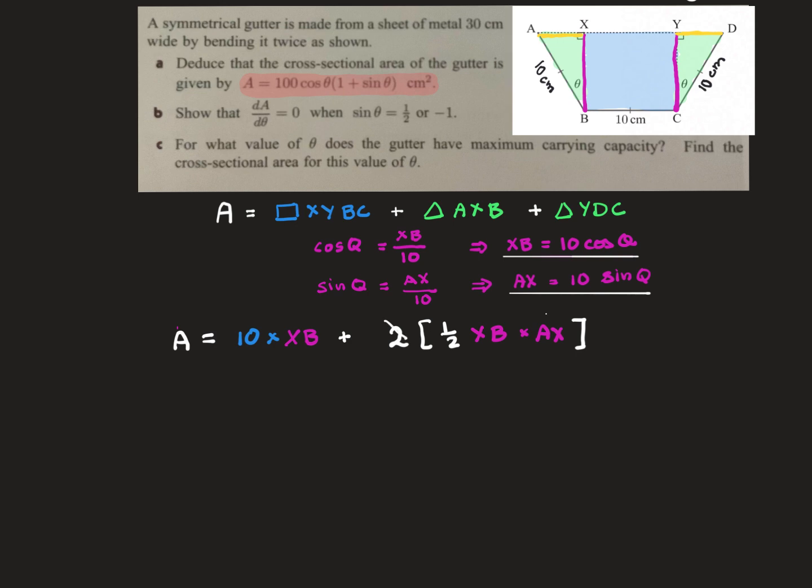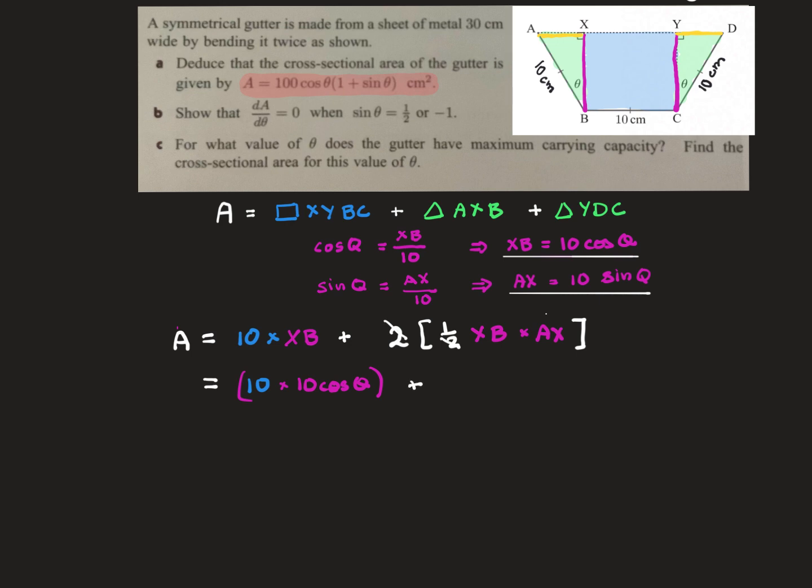Okay, we can cross out the 2 and the 2 over here. So we shall end up now saying it's 10 times, what's XB? XB is 10 cos theta. And leave that in the brackets.